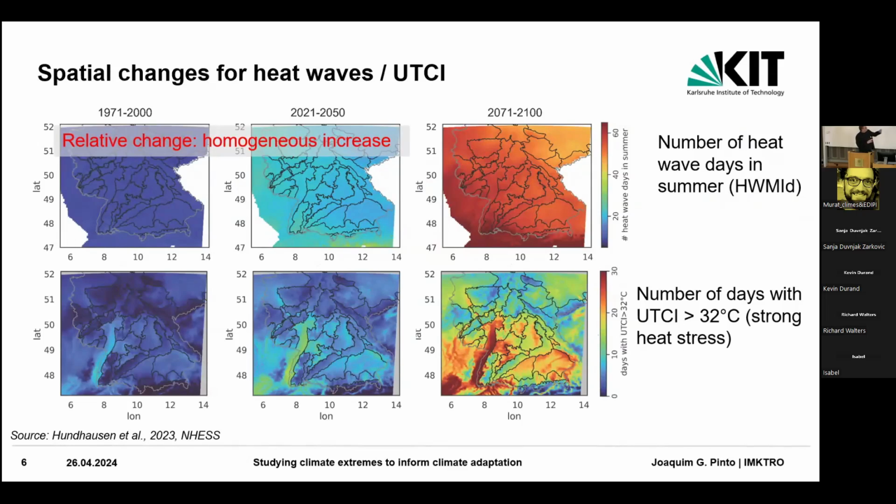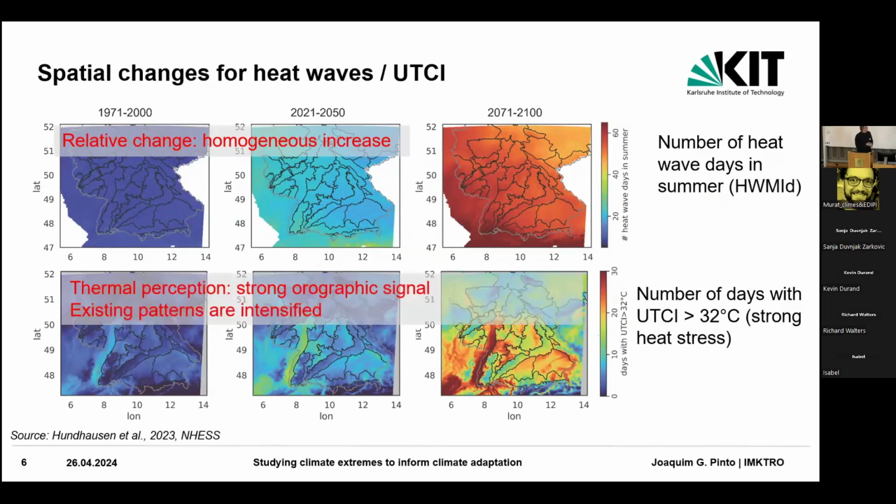And you see the projections for the near future and the far future. And what is different here is that, unlike the upper figure, we have a clear, strong orographic signal. So the existing pattern is actually being intensified. And this is something we need to think about.